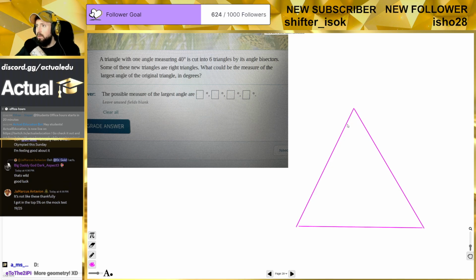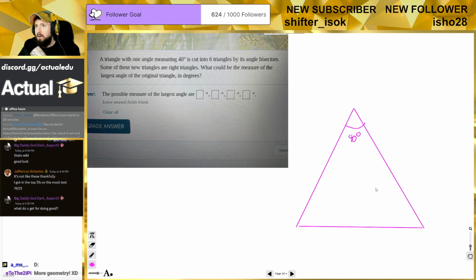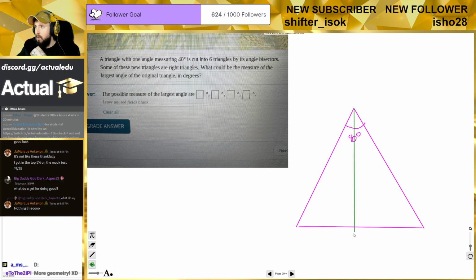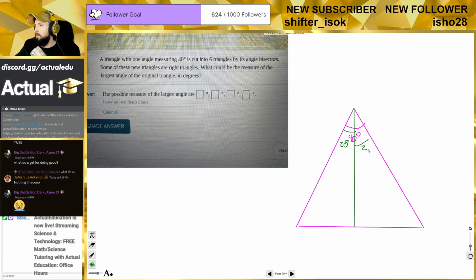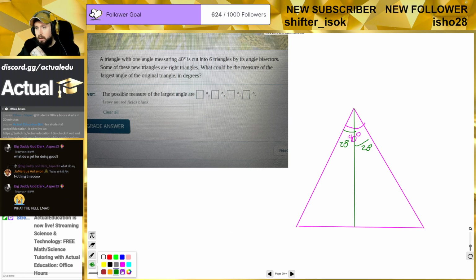Okay, so this one is 40 degrees at least, right? Angle bisectors. That's where we cut the angle in half, I think. Pretty sure. That's this, right? So this is going to be 20 and 20. And then we have some other ones that get cut.